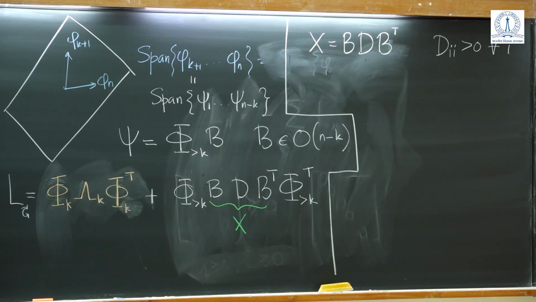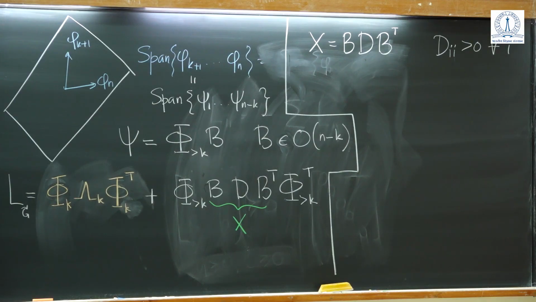So this is exactly the set of positive definite matrices. Does every positive definite matrix look like this? Of this size, n minus k by n minus k, every positive definite matrix will look like this.